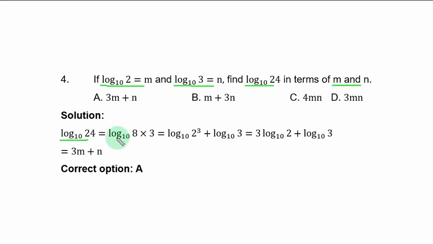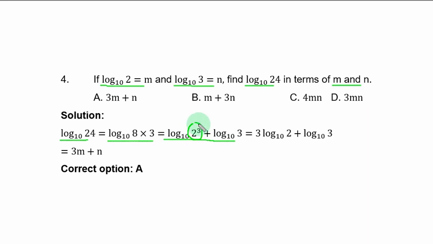So let's take it from here again. You have log of 8 times 3 base 10. This is the product law, which can be reversed to addition if base 10, that is log base 10, is spread across. So you have log 8 base 10 plus log 3 base 10. Because it is 2 that we need, you can express 8 as 2 cube.